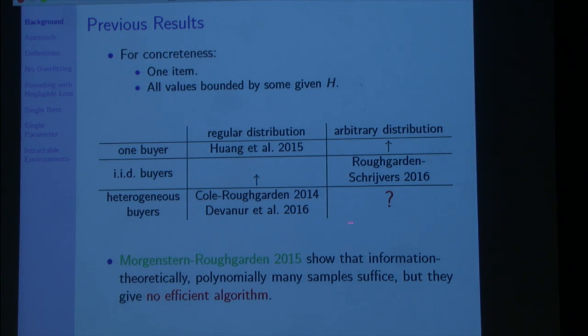So the last case that was left open was heterogeneous buyers, each with their own distribution possibly, and arbitrary distributions. Jamie Morgenstern and Tim Roughgarden in 2015 didn't quite solve it, but they showed that information theoretically, polynomially many samples suffice. They have a very large space of auctions.